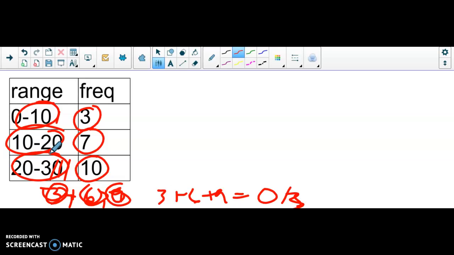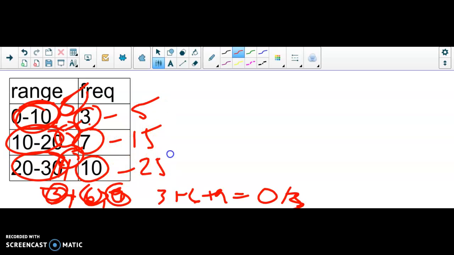Instead of knowing the individual points, we're just going to assume that they're in the middle. We're going to say that the average between 0 and 10 is 5, the average between 10 and 20 is 15, and the middle between 20 and 30 is 25. When I said average, middle, it's the same thing in this case. So we're going to pretend that all 3 of these have a value of 5, all 7 of these have a value of 15, and all 10 of these have a value of 25.